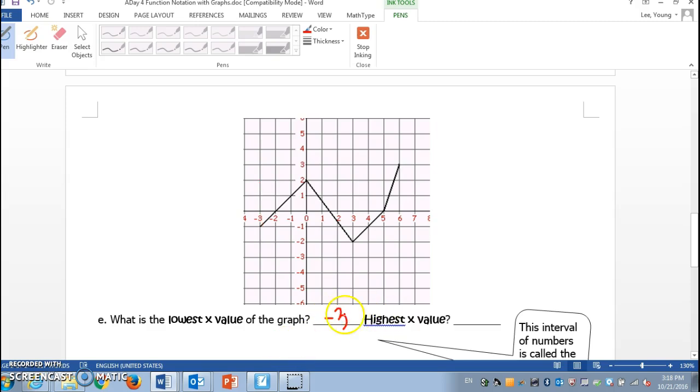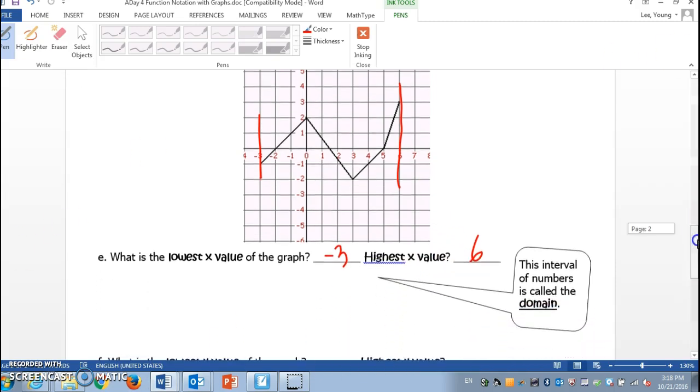Right? Which one has the highest x value then? Okay, let's keep going. Which one would that be? Where does the graph stop? Right at 6. Is that right? Okay.